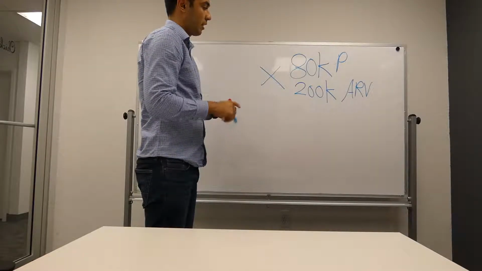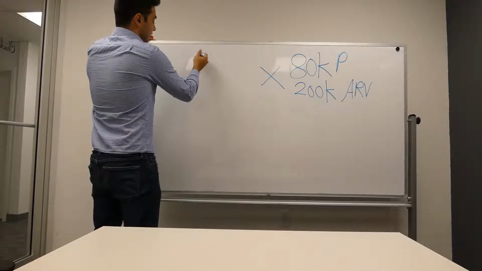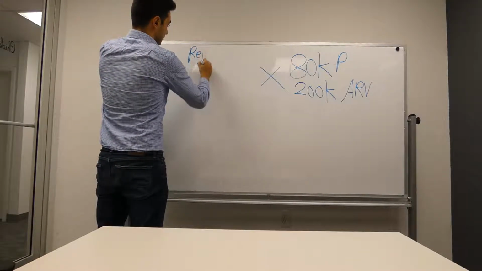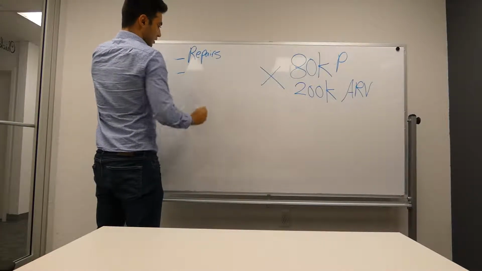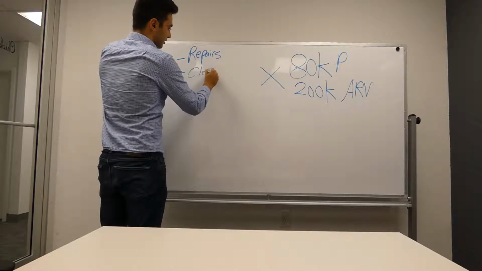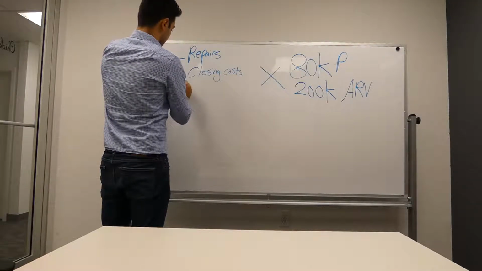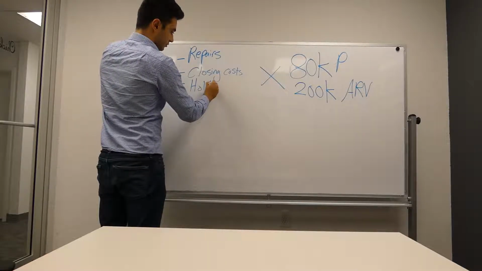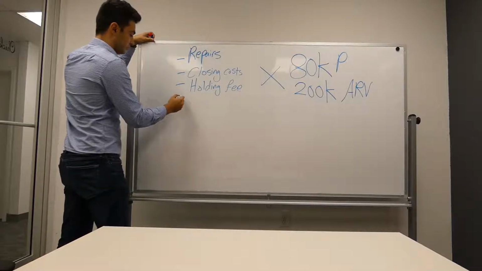and now I need to figure out a couple of other costs that come with the sale. I need to know how much my repairs are going to be. And I need to know how much closing costs I'm going to have on the back end. You could add your holding fees. Some people use that number, some people don't.